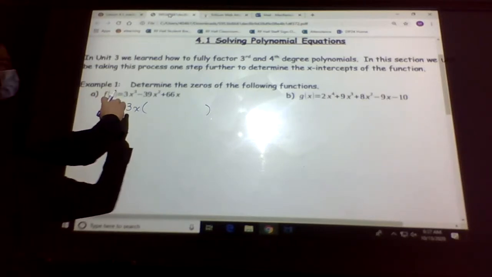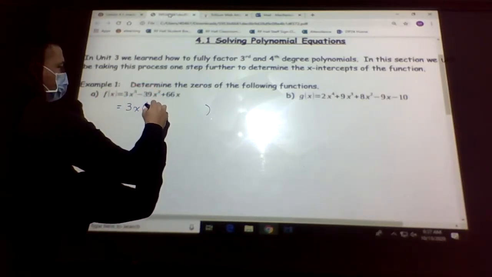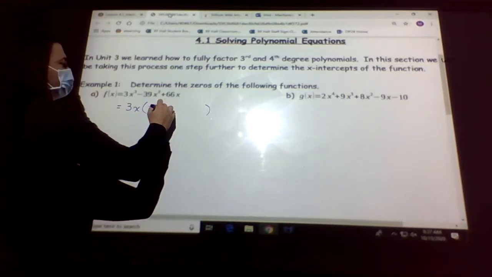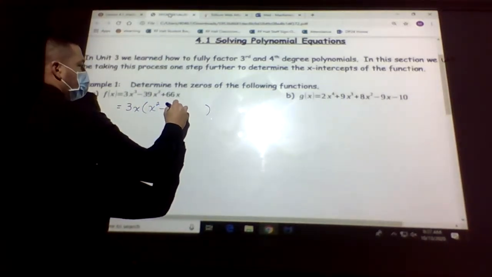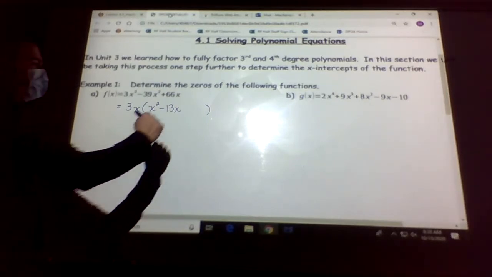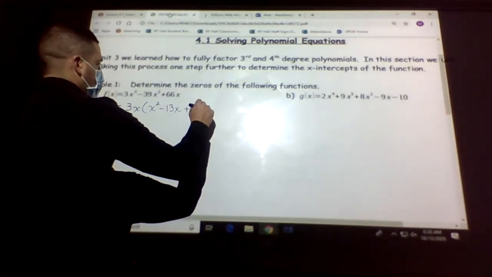So 3x cubed divided by 3x is just x squared. Negative 39x squared, factor out a 3, it's negative 13x. So we divide by 3 and also reduce the x's. And then lastly, just 22.